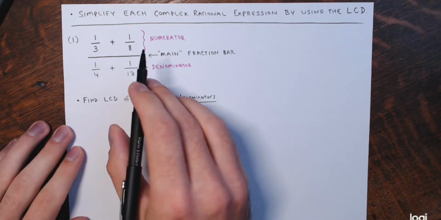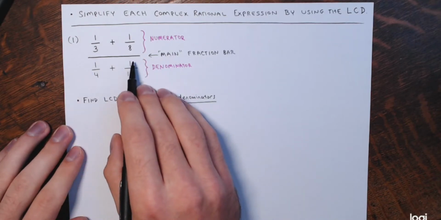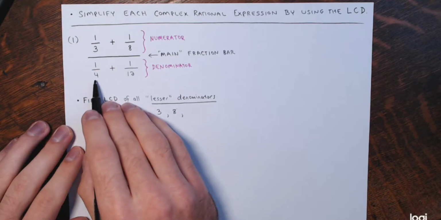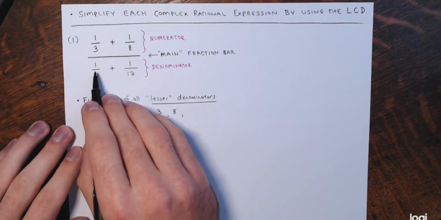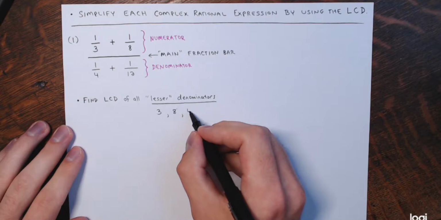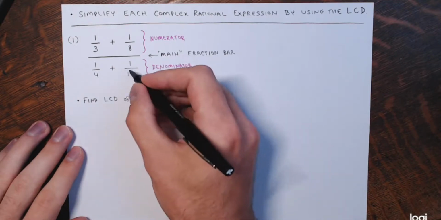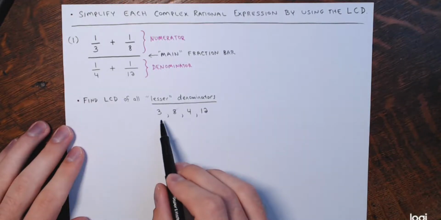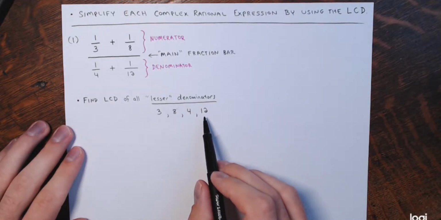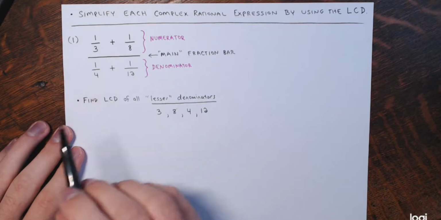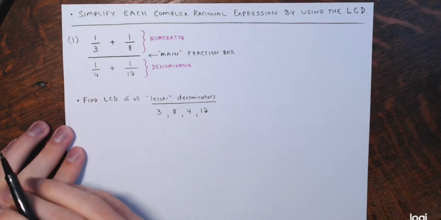And then in the denominator, below the main bar, there's a fraction of 1/4, which has a denominator of 4, and a fraction of 1/12, with a denominator of 12. So here are all the denominators that show up throughout this complex fraction.